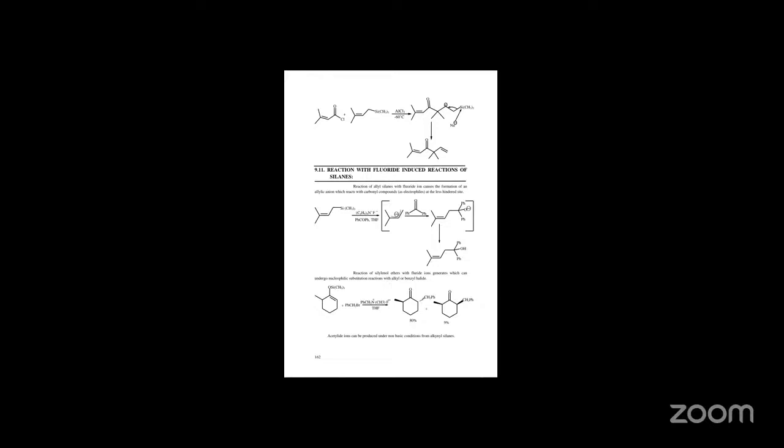Then this gives a beta carbocation with respect to silicon. This beta carbocation silane reacts with the nucleophile. The bond between carbon and silicon shifts towards the beta carbocation and alpha carbon, which involves formation of a double bond.